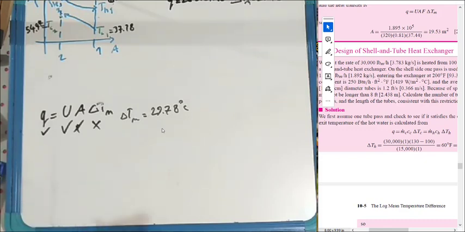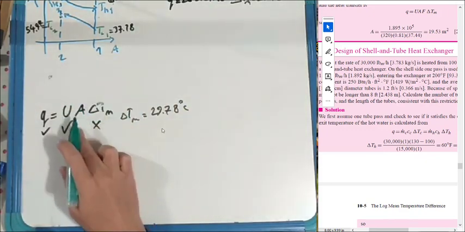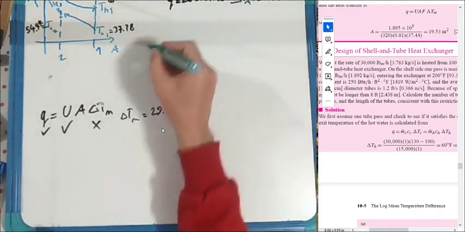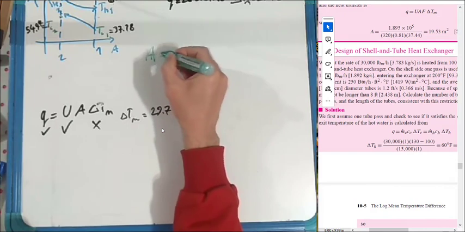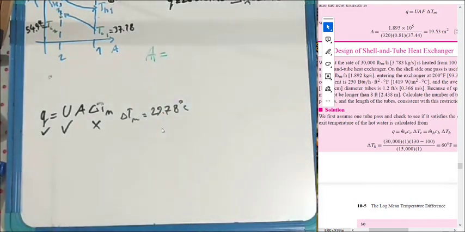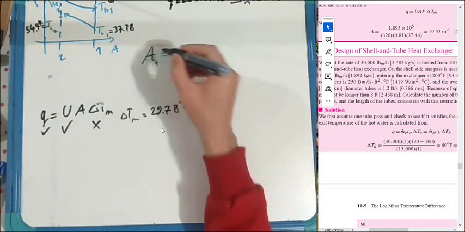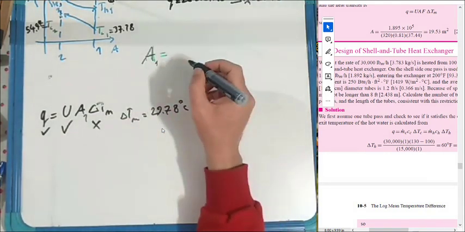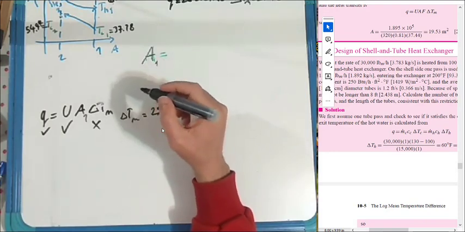To use A1. I should use this one. What is the formula of that? A equals, let me name that A1, the overall heat transfer area.